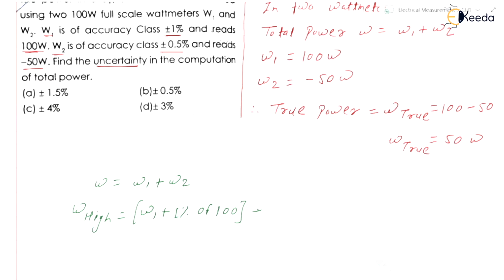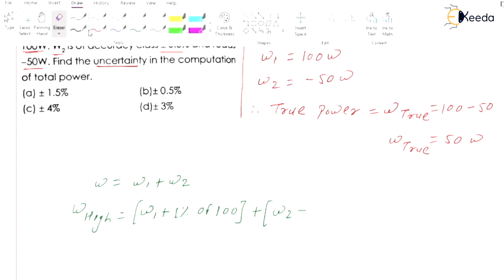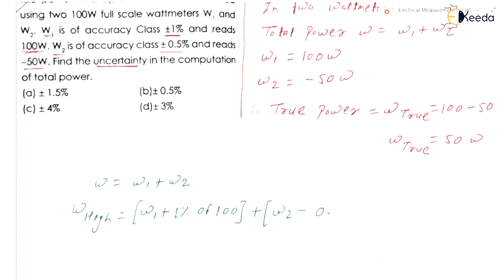Plus W2 is negative, so ultimately a minus will come here. We need to consider W2 with 0.5% of 100, because the full scale reading is 100.